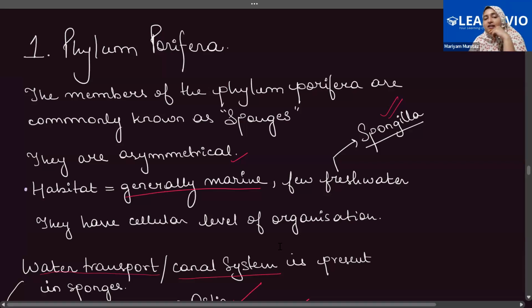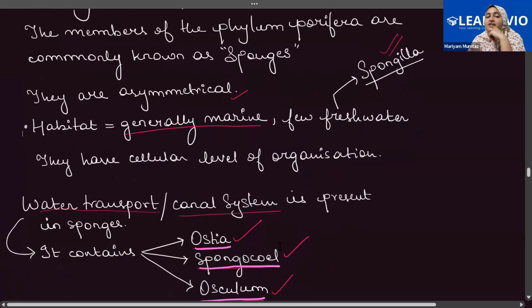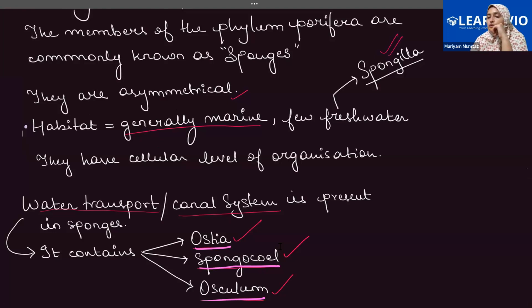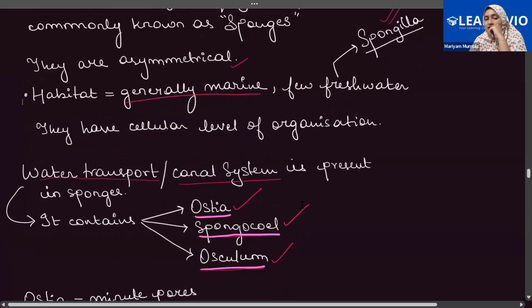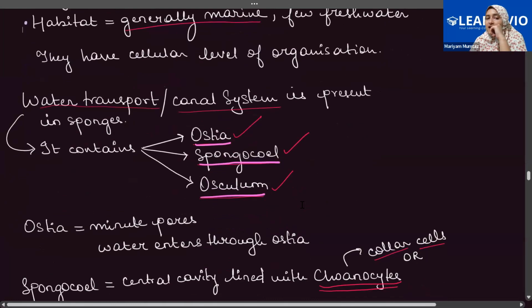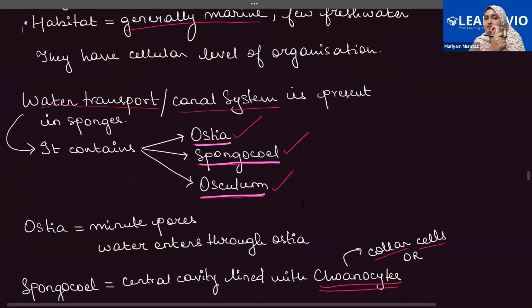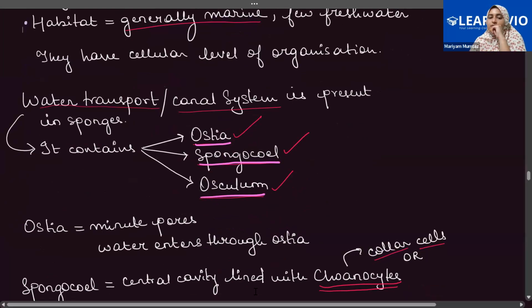Now we know that the phylum Porifera has a cellular level of organization, meaning they just have cells in their body. That's it. No tissue, no organ system. The most unique property that they have is that their body has a water canal system, or water transport system.